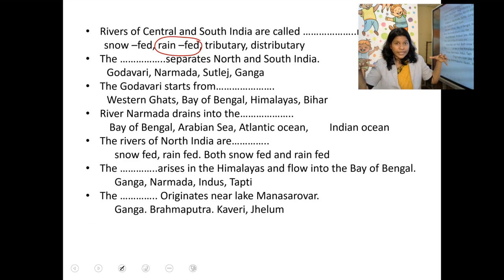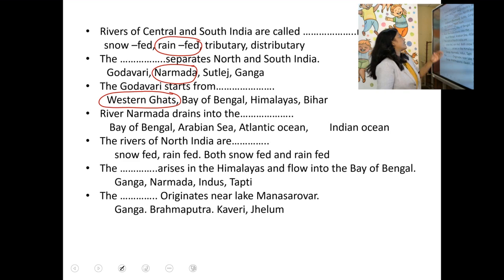Which river separates North and South India? Very good, the river Narmada. The next question: where does the river Godavari start? It is in the Western Ghats.